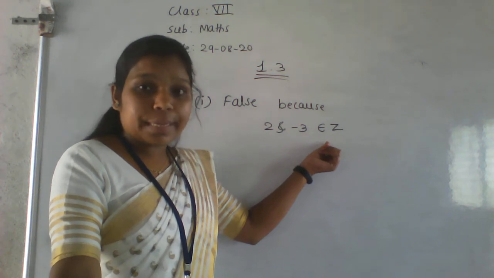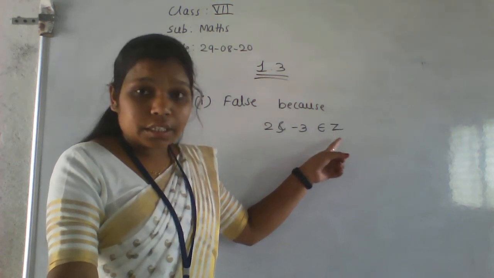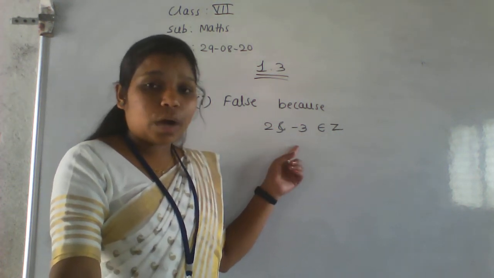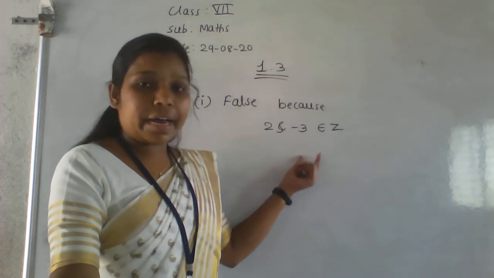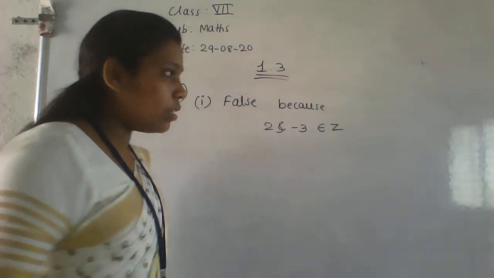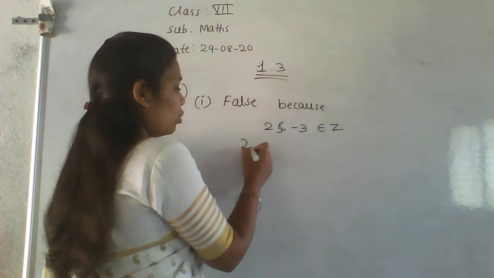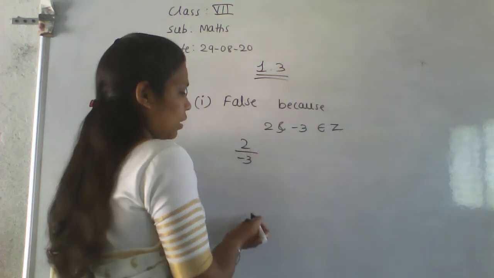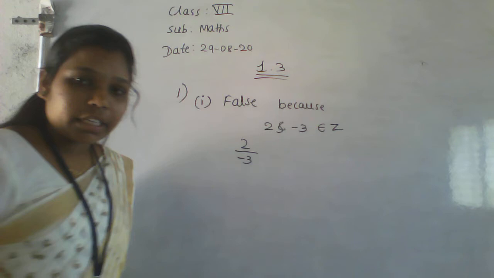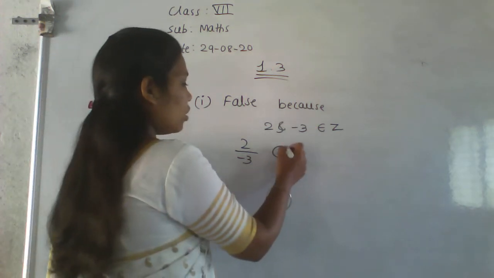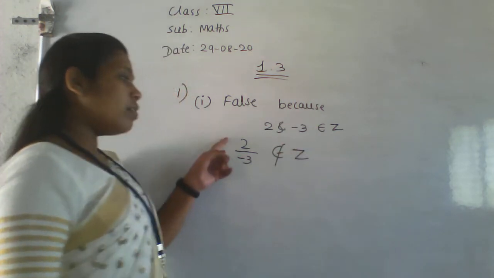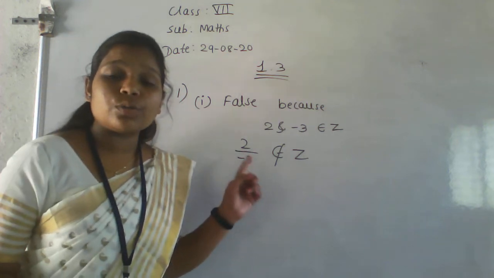So 2 and minus 3 belong to integers, and divide these two: 2 divided by minus 3. Whether it is an integer? It does not belong to integers, because it is a rational number. It belongs to rational numbers.